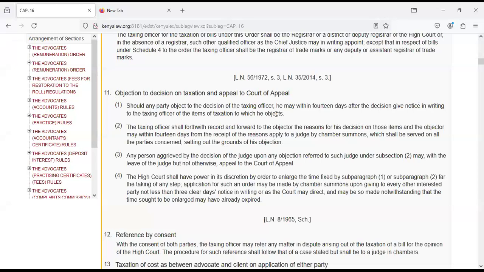So 14 days, the advocate writes to the taxing officer. Then the taxing officer, 11.2, records the reasons for his decision within 14 days.